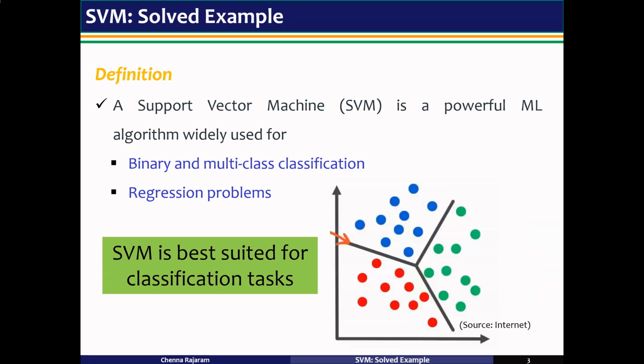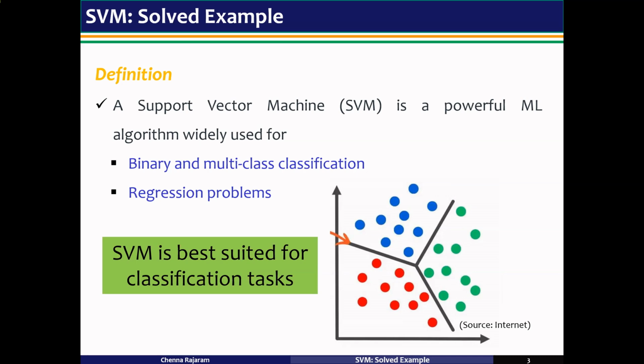Support vector machines. A support vector machine is a powerful machine learning algorithm widely used for binary and multi-class classification, also for regression problems. SVM is best suited for classification tasks. The main idea behind SVM is to find the optimal hyperplane that separates different classes or approximates the regression function with maximum margin.